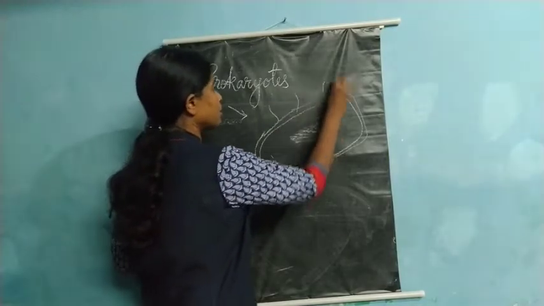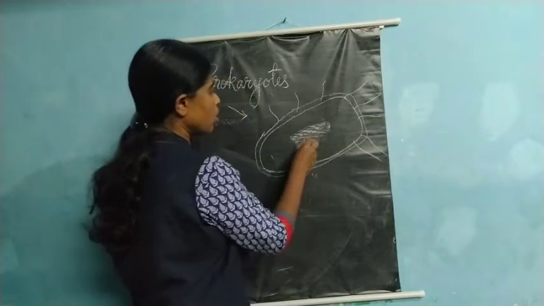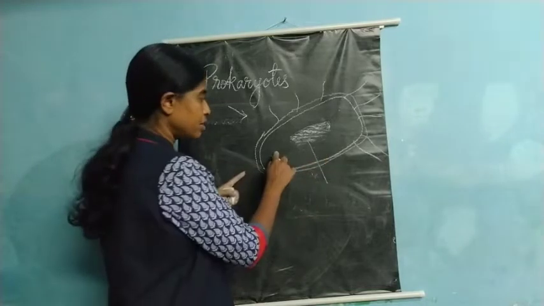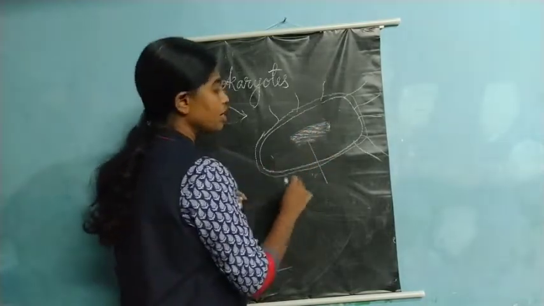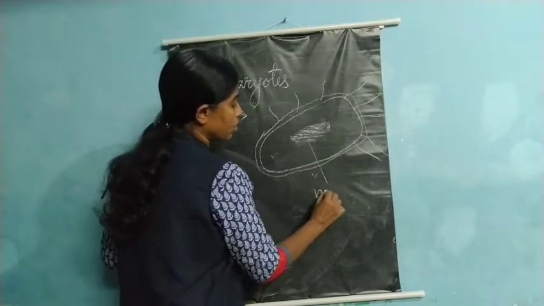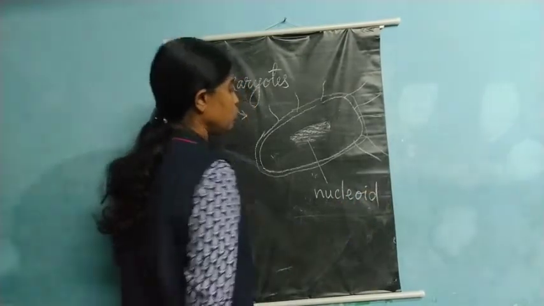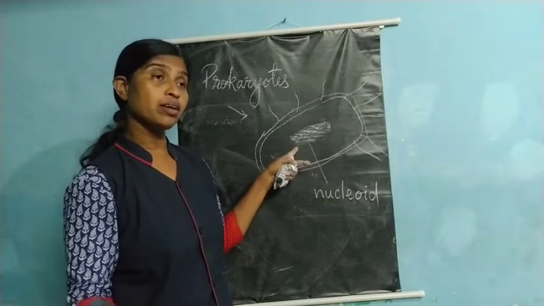Okay. So if the genetic material or the chromosome is not separated from the cytoplasm by a nuclear membrane, then this genetic material is called nucleoid. Nucleoid means the nucleus is not actually a nucleus.